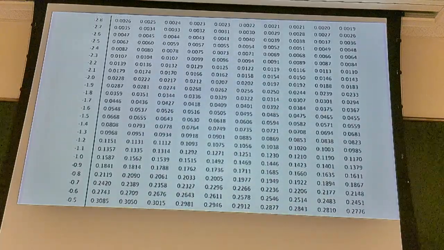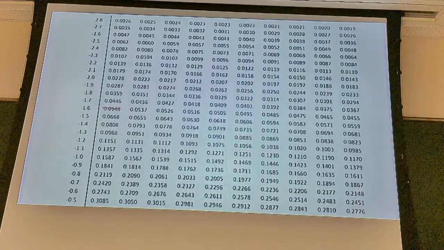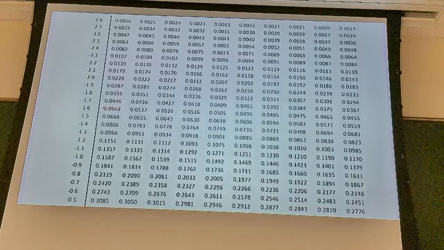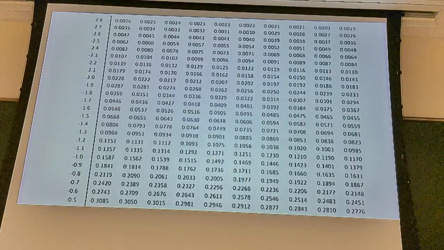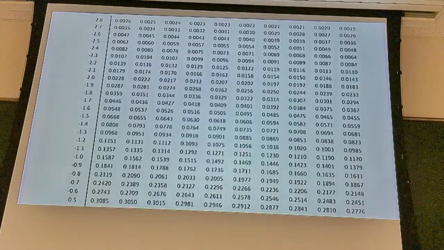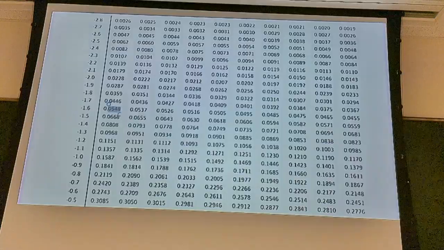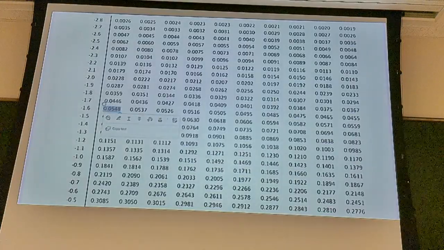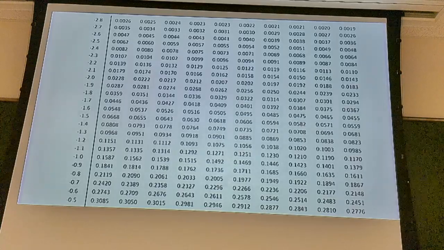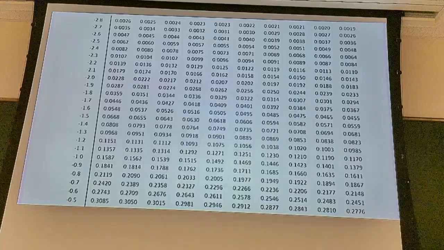Negative 1.60. Oh, look, it highlights. I can write on this, but it won't save it.